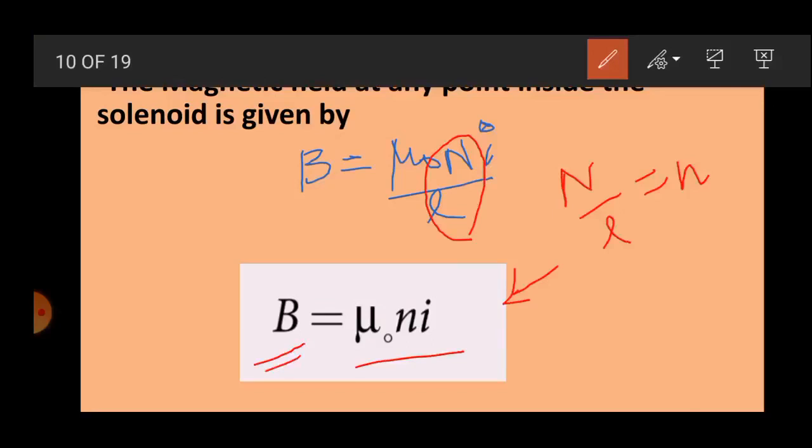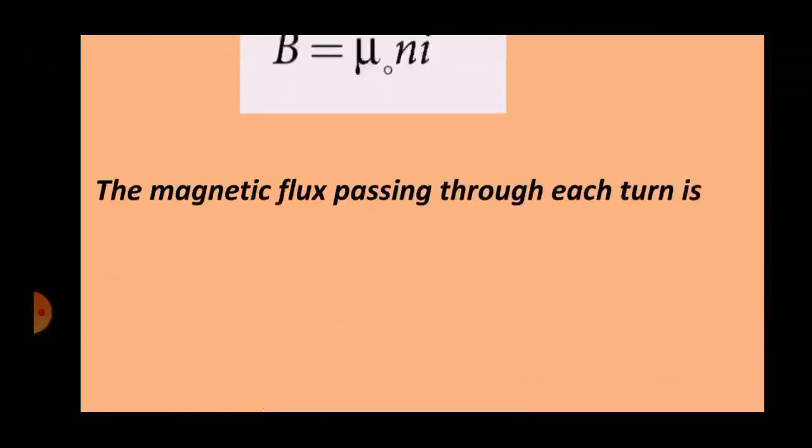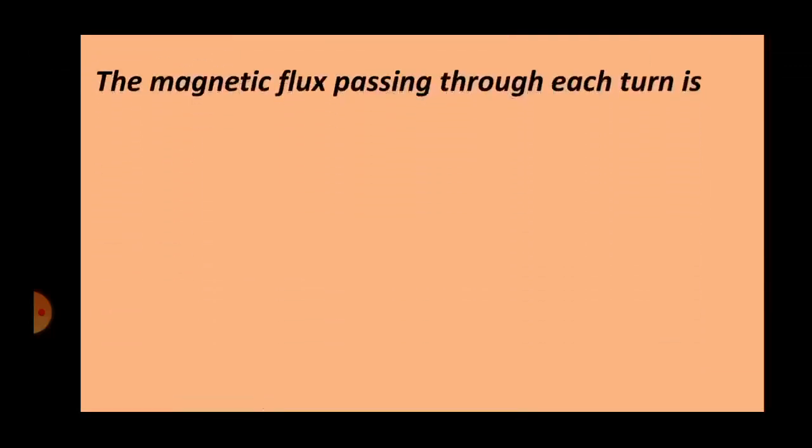Mu naught means the permeability of free space. That is the magnetic field inside the solenoid.